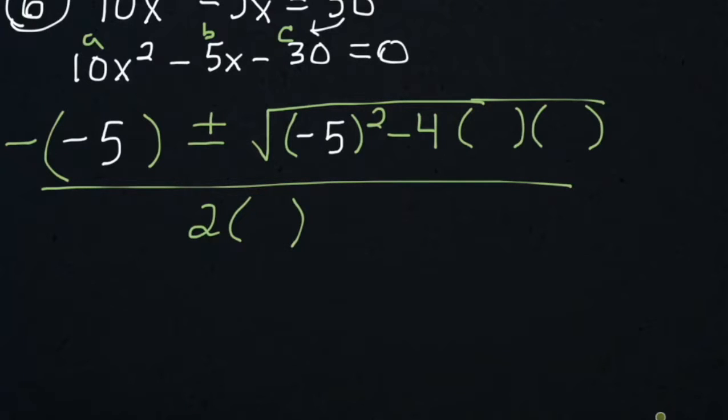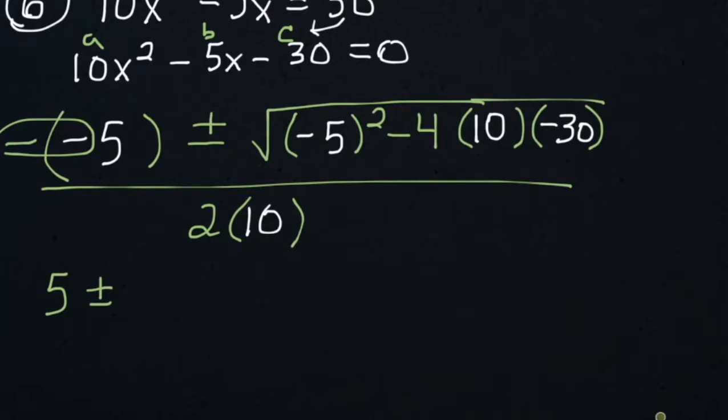B squared, 4 times A is 10, times C is negative 30, divided by 2 times A. Crazy huge numbers, but that's okay. Simplify. Negative and a negative is a positive. So I have 5 plus or minus, and the denominator, 2 times 10 is 20.